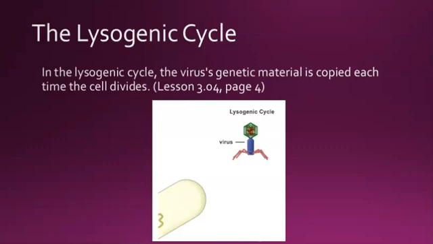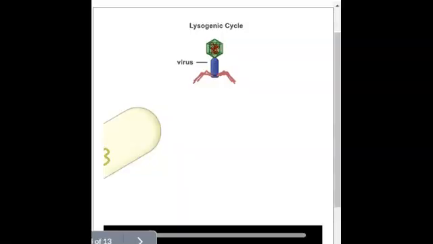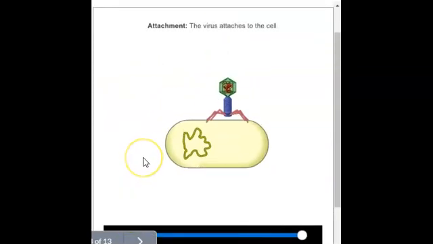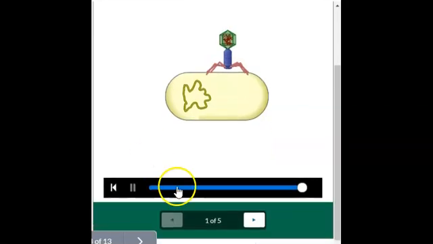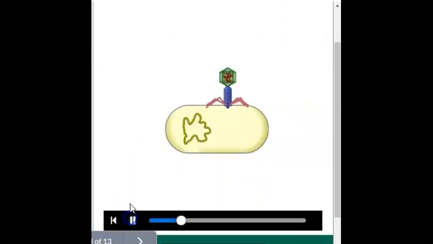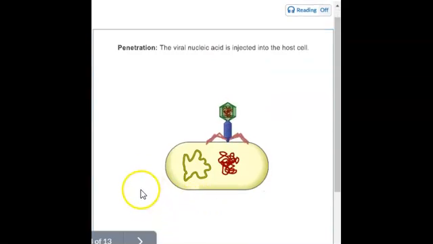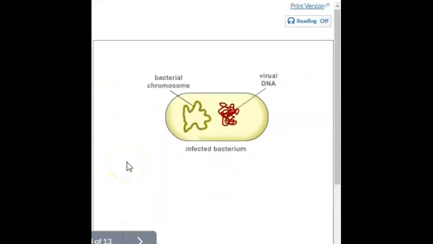So we're going to go to lesson 304, page 4, where we're going to take a look at an animation of the lysogenic cycle. So here is the animation of the lysogenic cycle. Unfortunately, I have to scroll up and down here to show this, but first, the virus, of course, again attaches to the cell. And then the viral nucleic acid is injected into the host cell. And then you can see we have inside this bacterial cell, we have the bacteria's chromosome, and then the virus injected its own DNA into the bacterial cell.